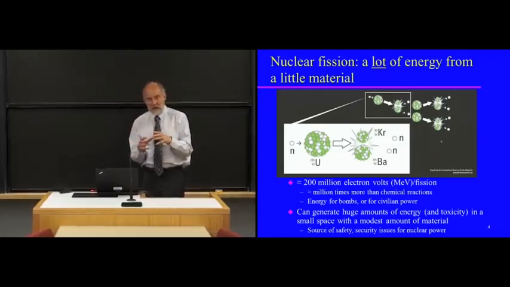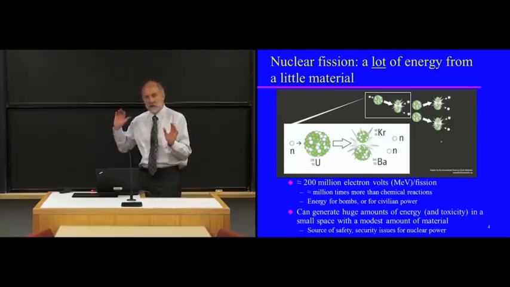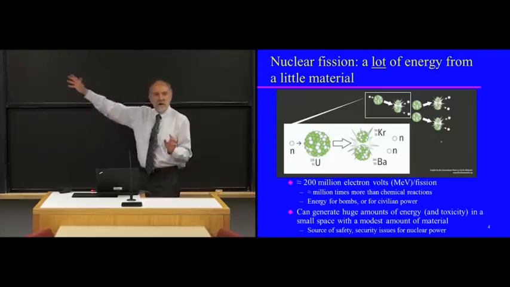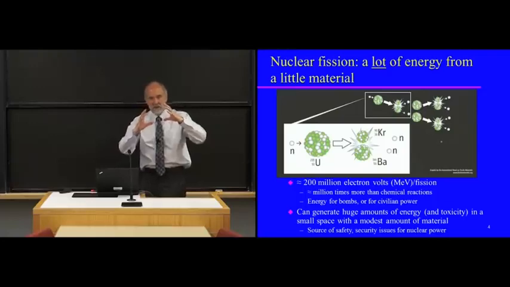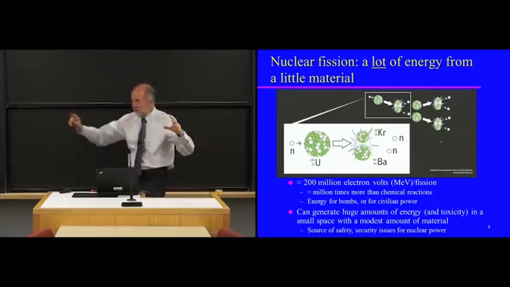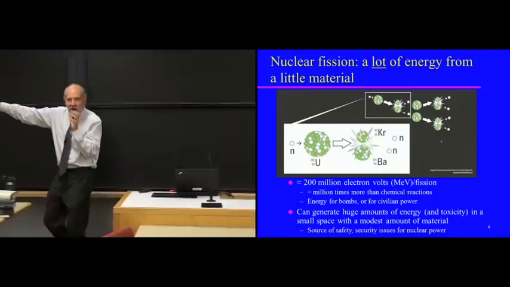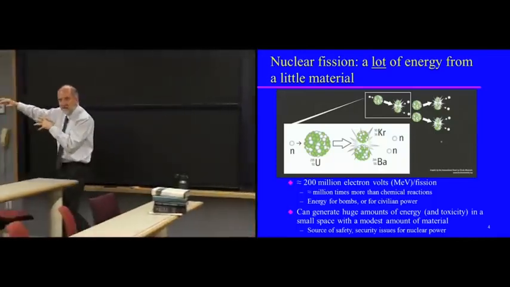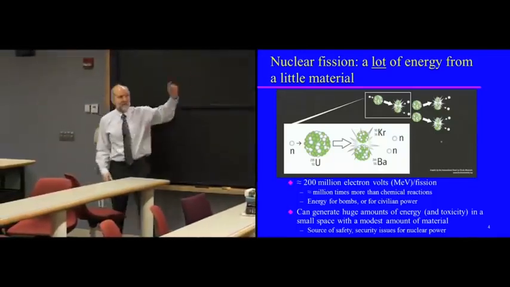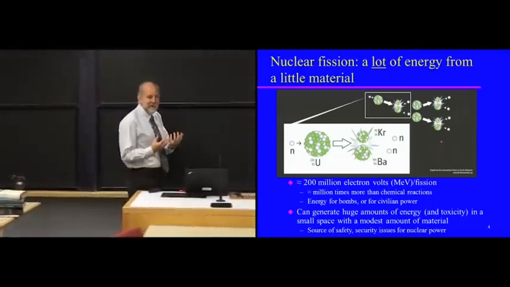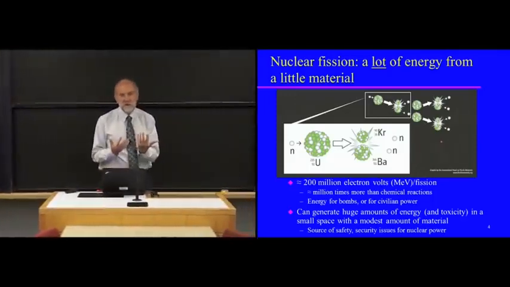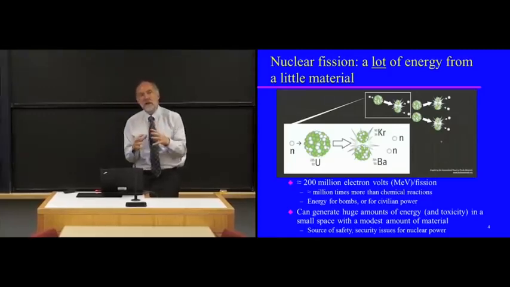Why? Chemical reactions only affect the electrons that are in a haze around the nucleus of the atom. They're far away. If this is the nucleus of an atom, then the electrons are way over here someplace and over there someplace. Okay? So they're much more loosely bound. These nuclear forces are much stronger holding that atom together.